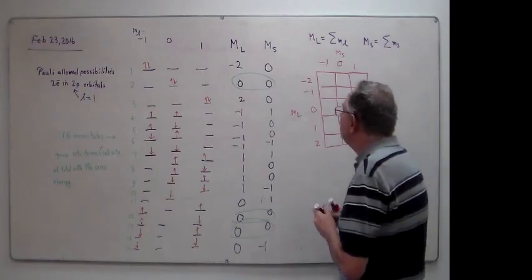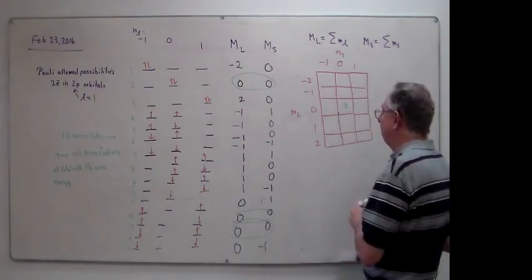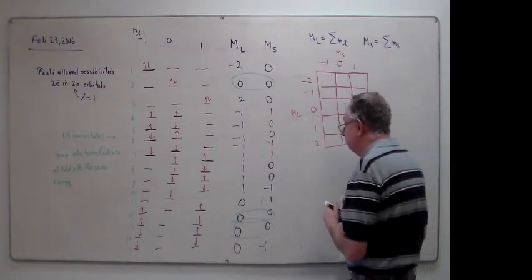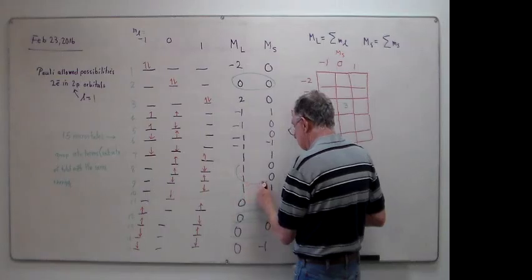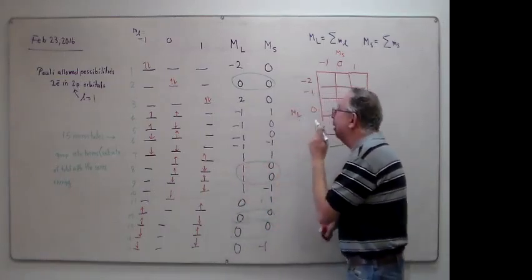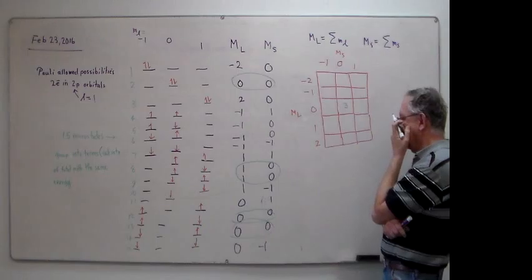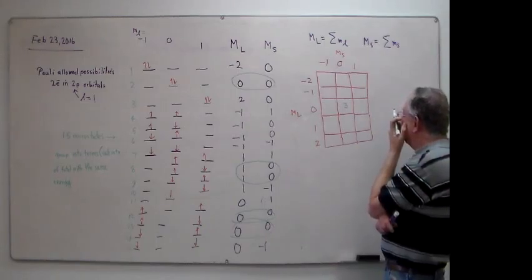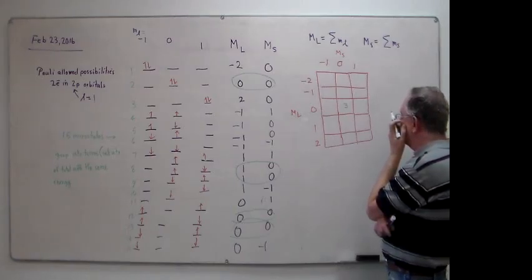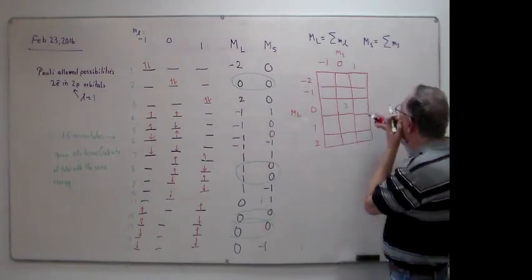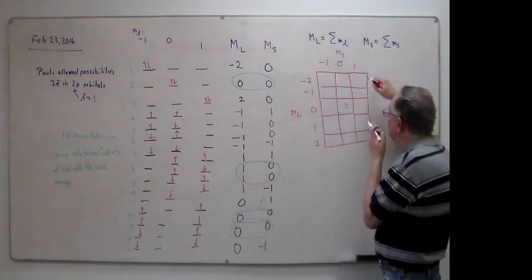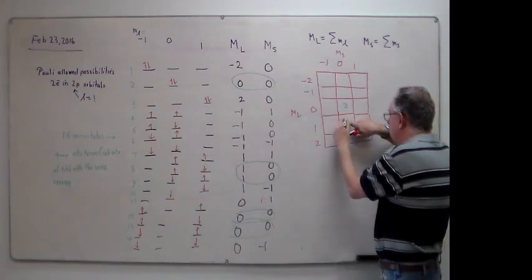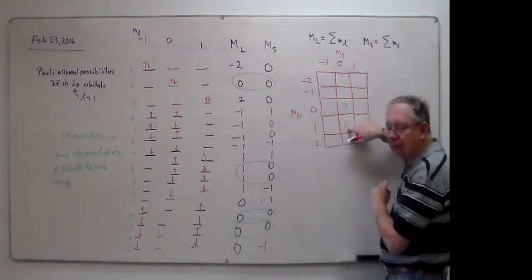Okay. How many microstates have 1, 0? 1, 0 is 1 on the M sub L and 0 on the M sub S. So you're claiming there's a 2 right there, right?